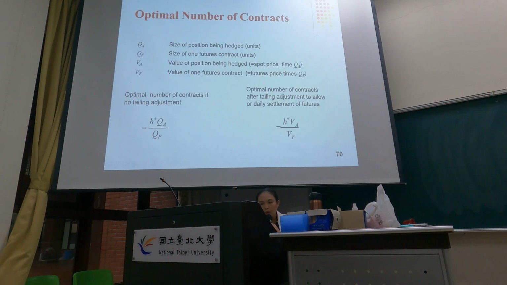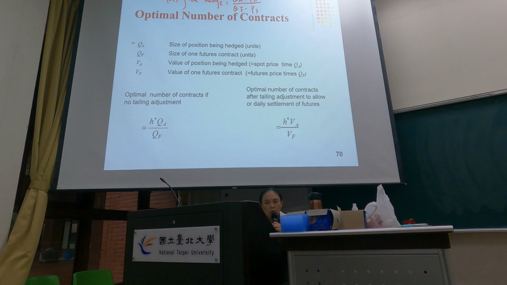Okay, now, tailing the hedge means that you are using not just the quantity of the asset compared with the quantity of the futures, but also you adjust for the price of the asset and then the price of the futures.